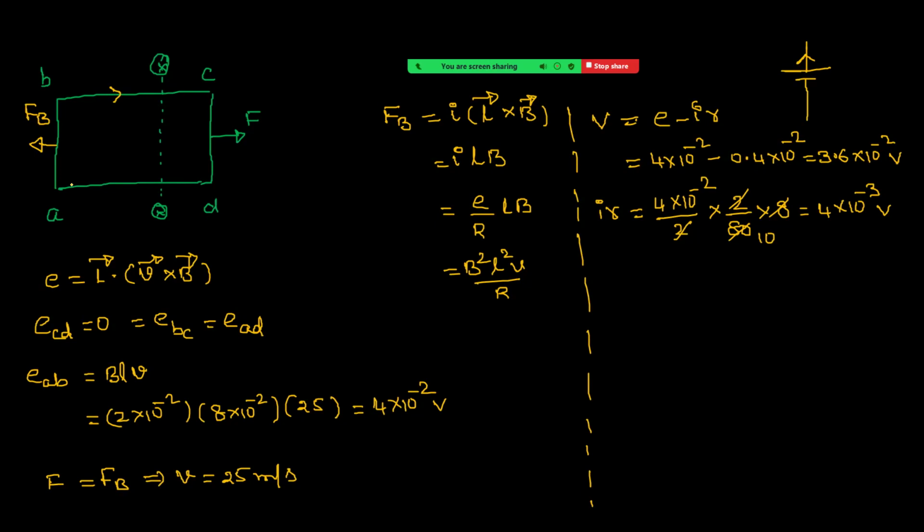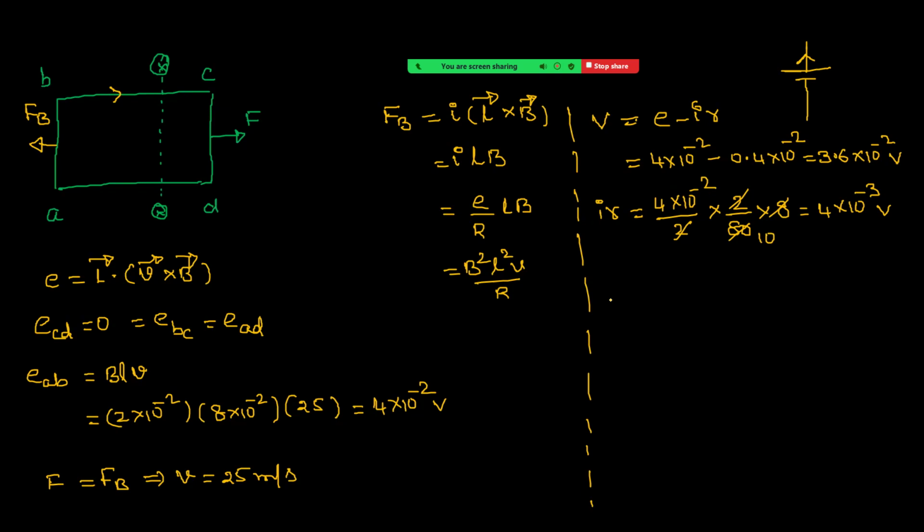Next, see what he is asking. Now he is asking for the potential difference between CD also. Across CD, no EMF is induced, and we have a potential difference only because of the current flow. The current we got is now multiplied by the resistance. For CD also, the resistance is the same, right?